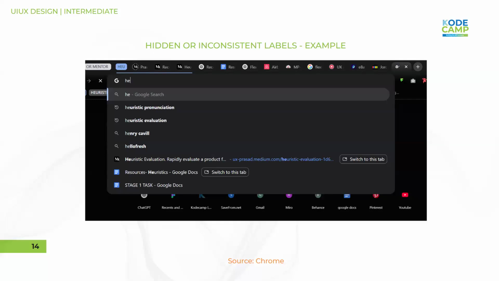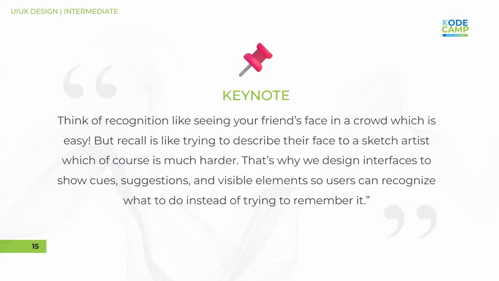So what do we do? You can see here in the search bar, it is now telling us, this is what you are looking for. This helps users not guess. This is a very rich search and navigation system that we should also adopt. Okay, key note: think of recognition like seeing your friend's face in a crowd, which is easy.